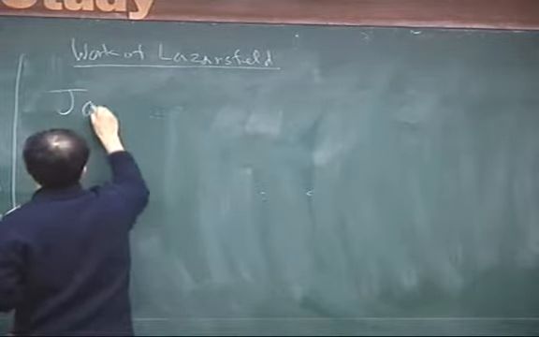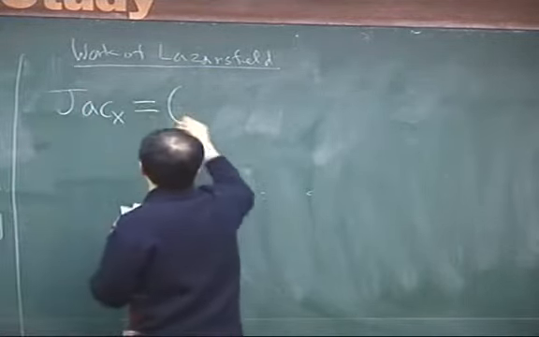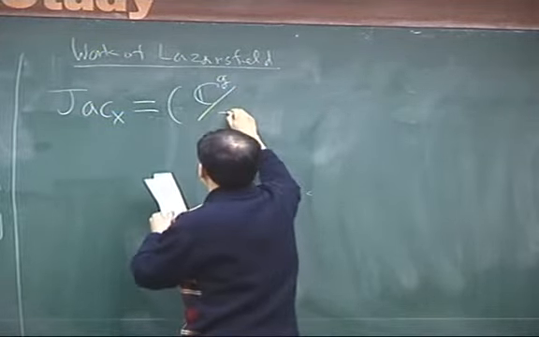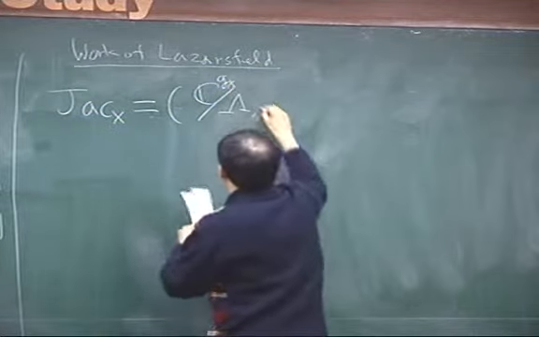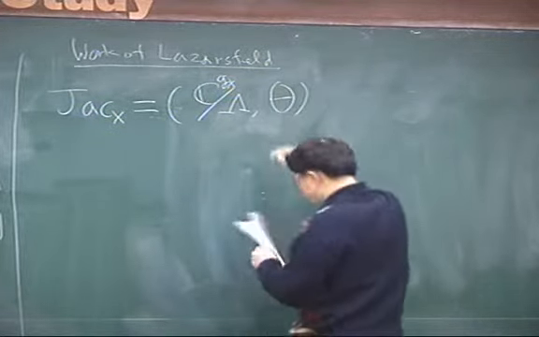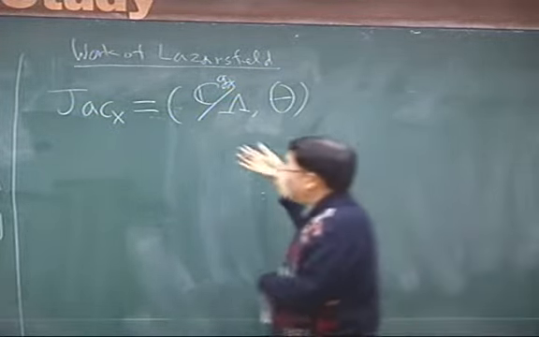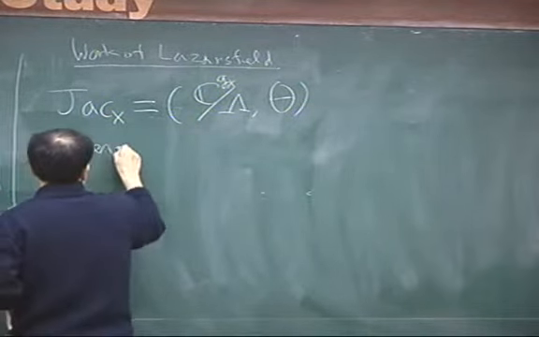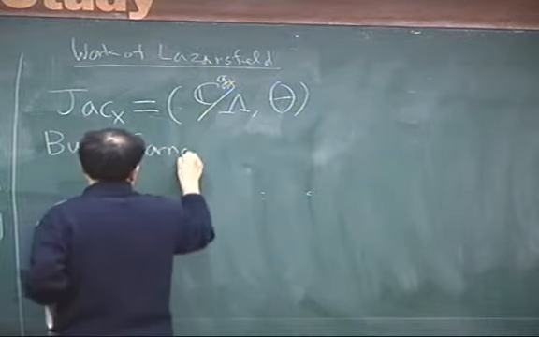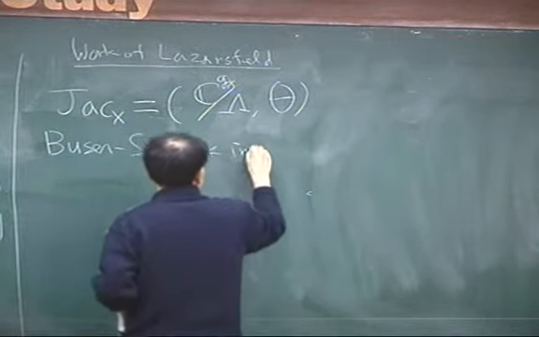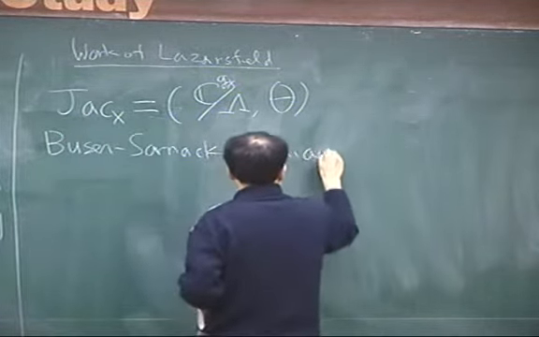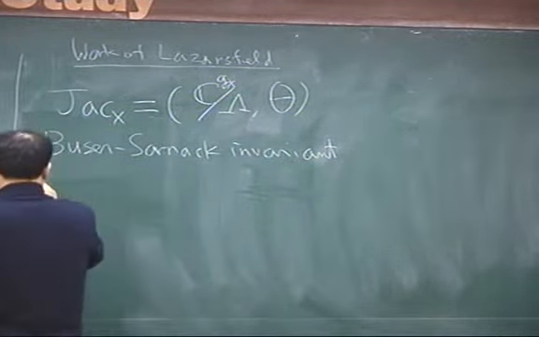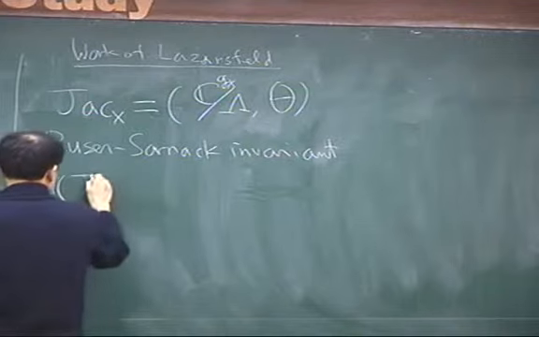So the Jacobian of X is a torus, of course, and with a polarization, the theta divisor. And then there's a notion of what is nowadays called the Bouw-Sarnak invariant, and this is denoted by M X.